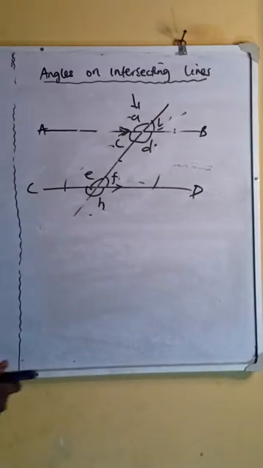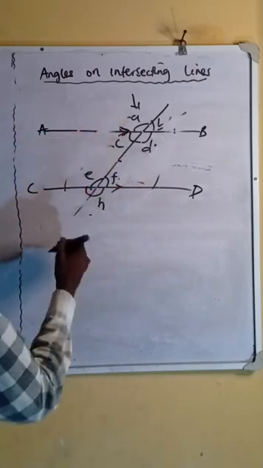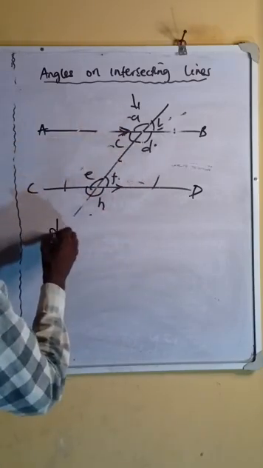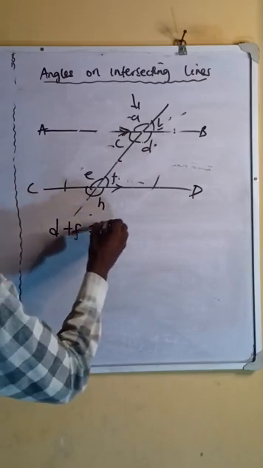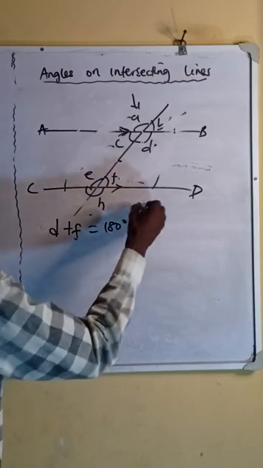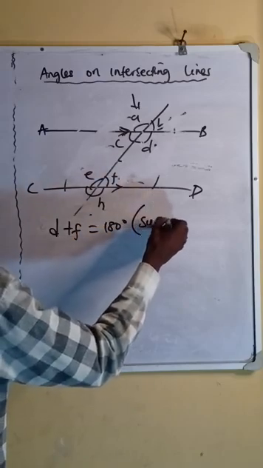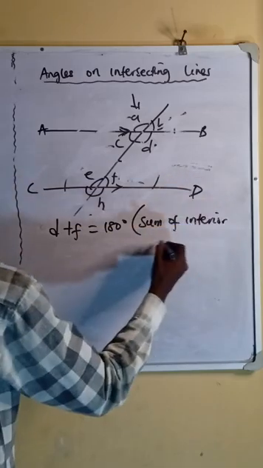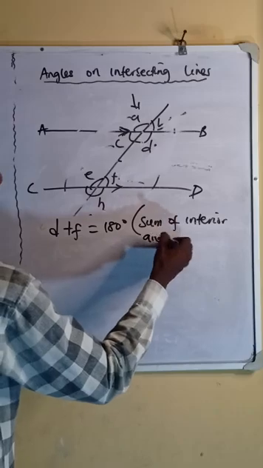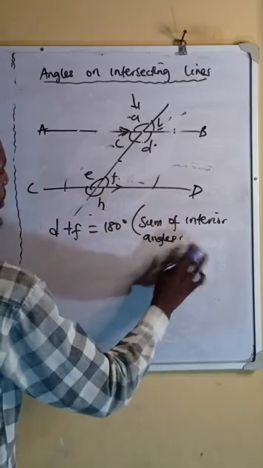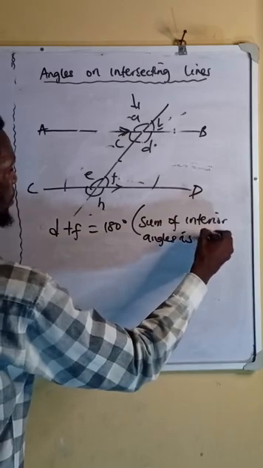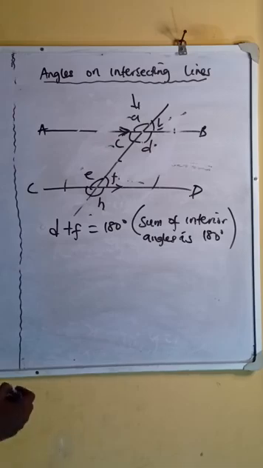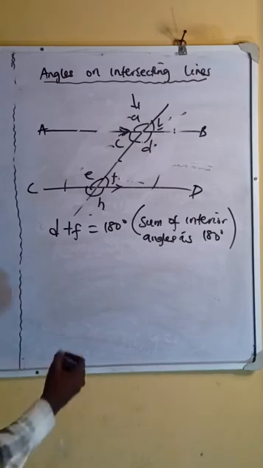Now the next is the interior angles. The sum of the interior angles is 180.